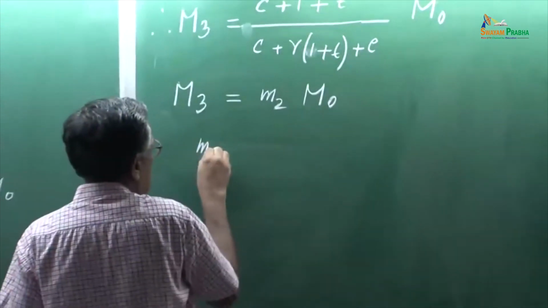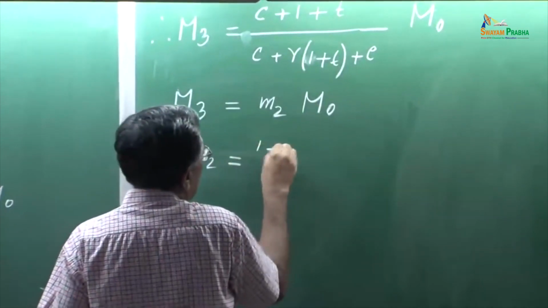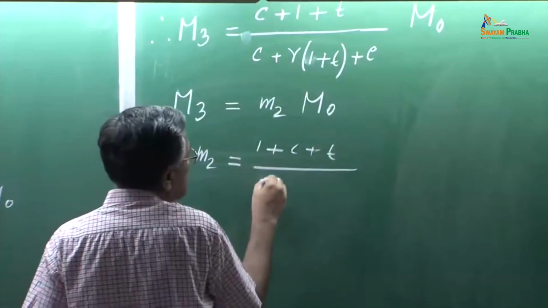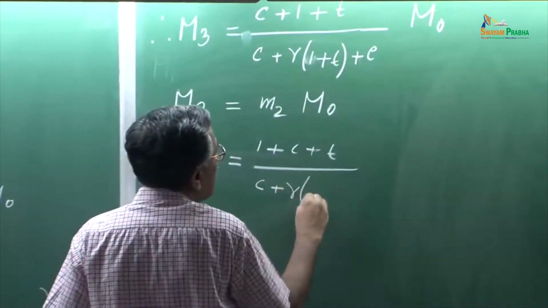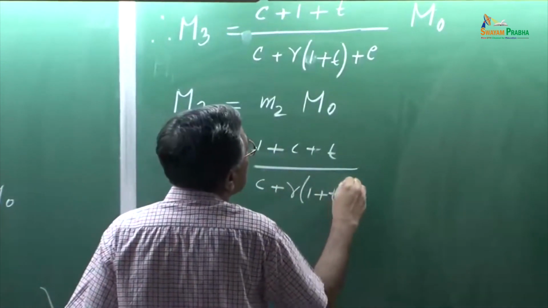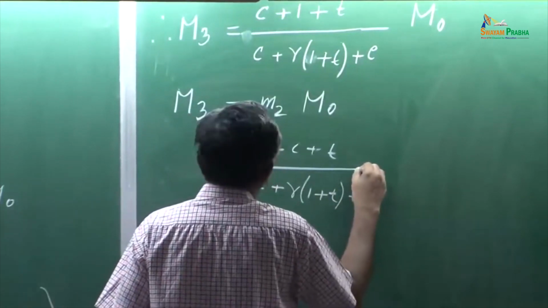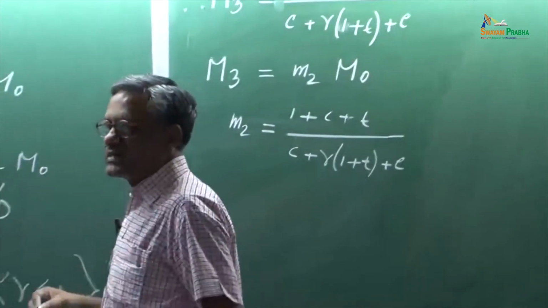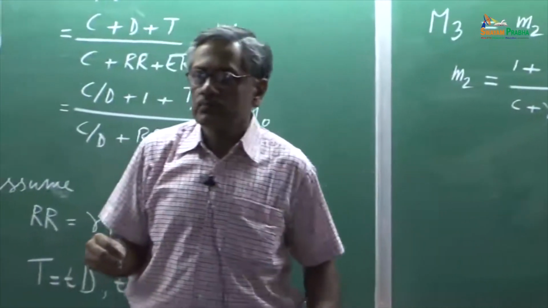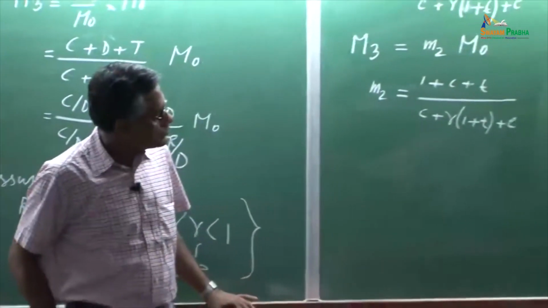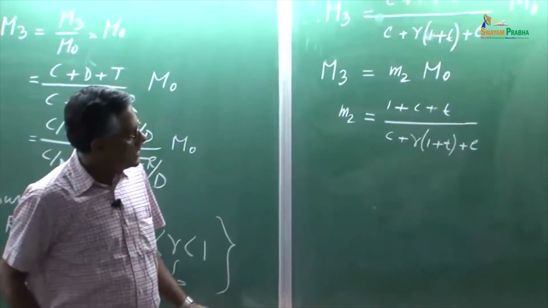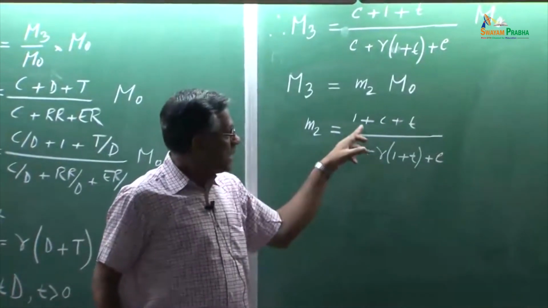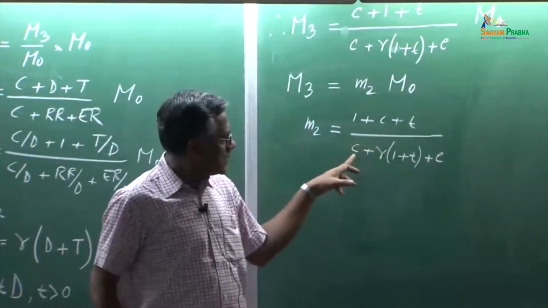M3 over M0 is equal to 1 plus c plus t over c plus gamma into 1 plus t plus e. The question is, is it greater than 1 or less than 1? e is a very small fraction usually, 1 plus c plus t.